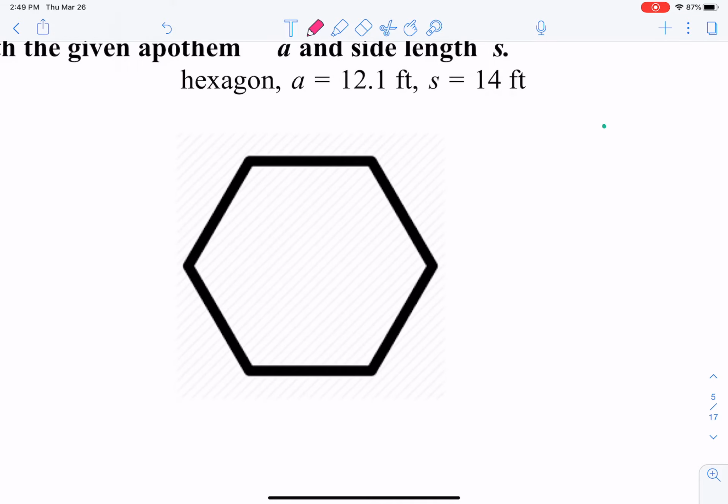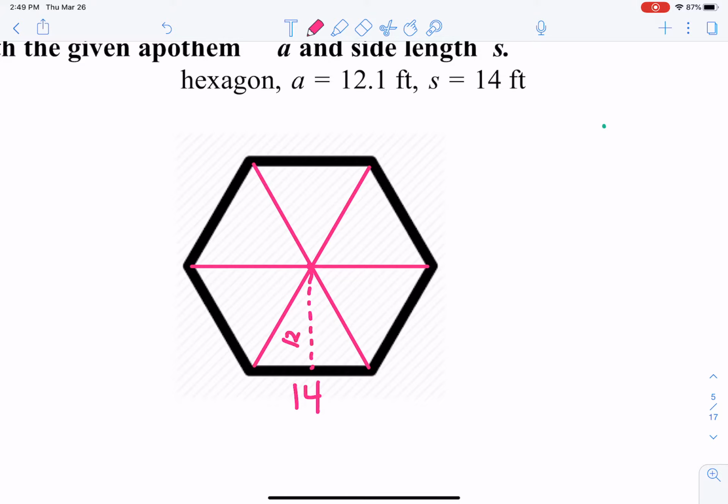So the apothem here, I'm going to draw my center, draw my triangles. Okay, now I have 6 triangles, and one side is 14 feet, and the apothem is 12.1 feet.